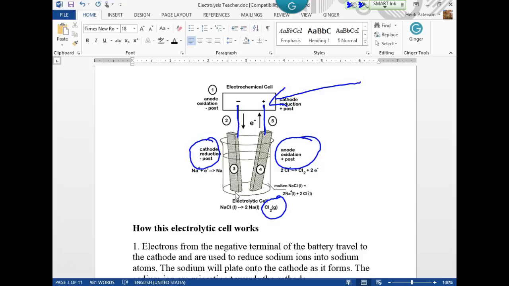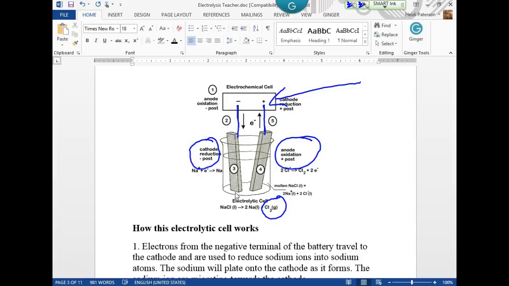If this is your source of electrons, they are going to be attracted to the positive side of the battery. And then over here, this is going to push the electrons down so that the sodium ions in the liquid will be able to gain those electrons and claim as sodium.